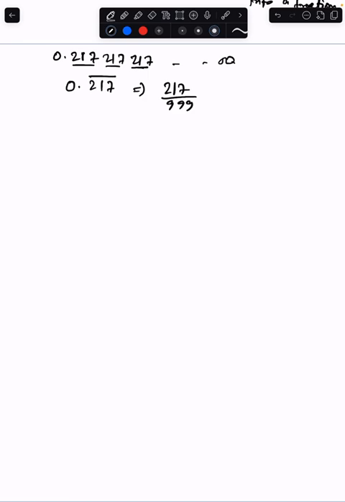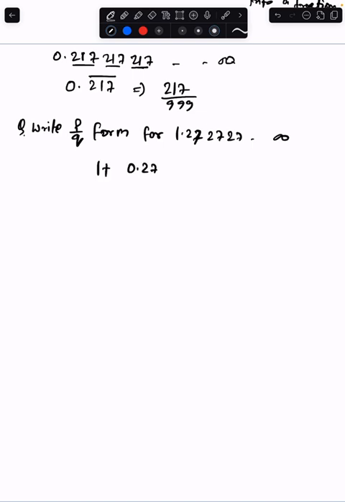For example, a question will be: write in P by Q form, that means fraction form, for 1.27 up to infinity. Now see, this can be written as 1 plus 0.27, 0.27 up to infinity. So here we have written it in this form.